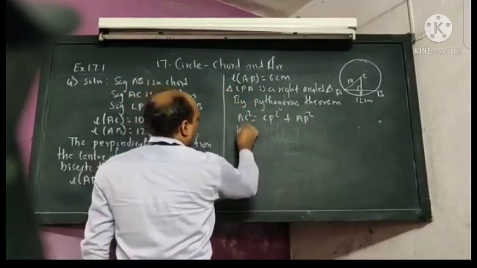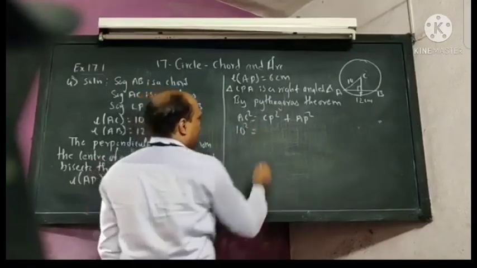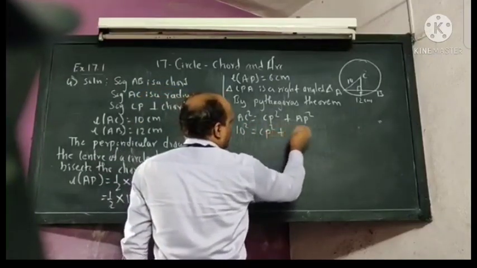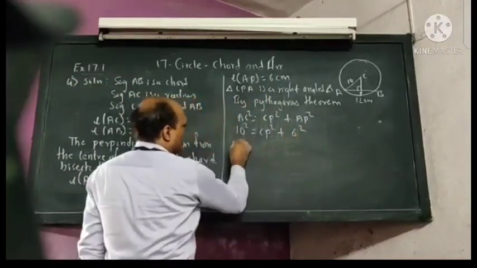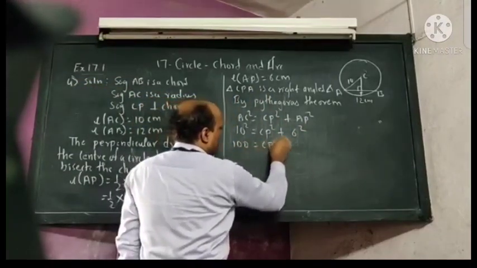Radius is given to you, 10 square. CP we have to find. AP value we already got. AP is how much? That is 6 square. So 100 is equal to CP square plus 36.